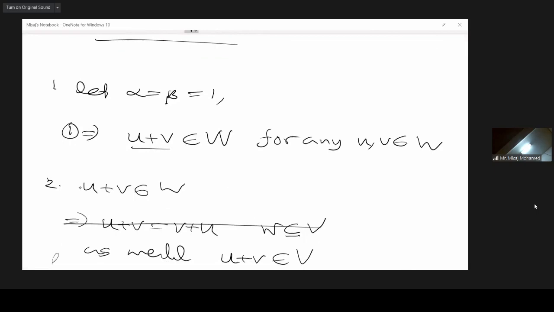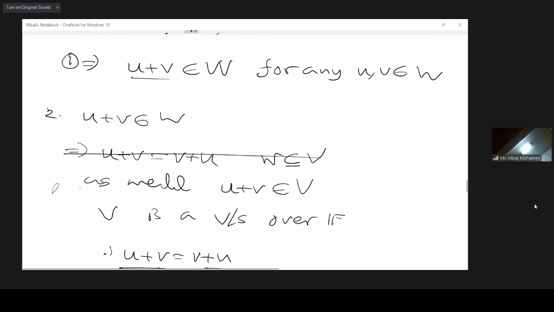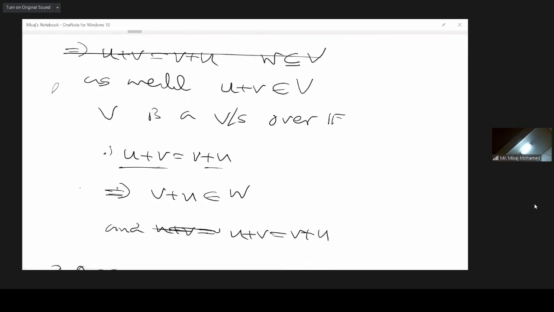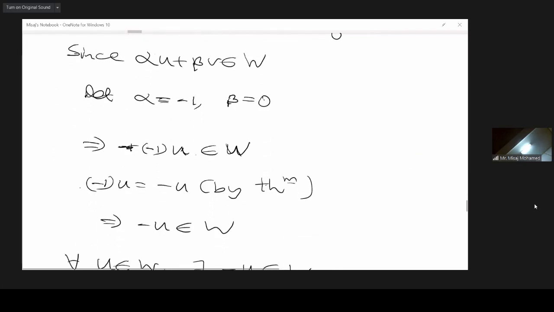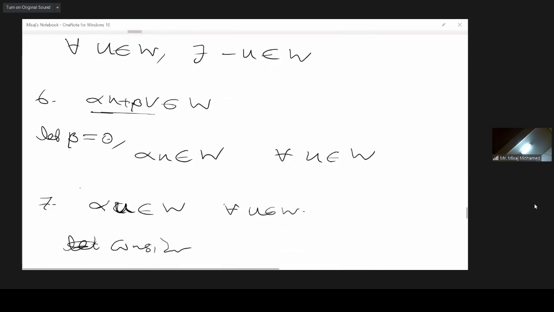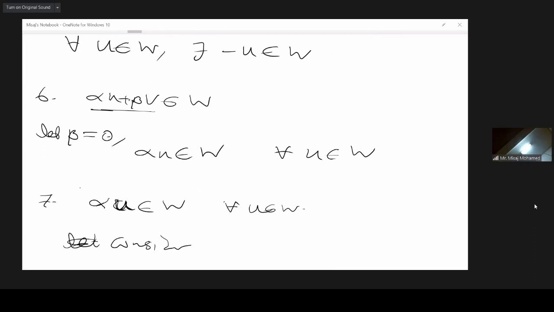So you have to write all 10 properties properly and show that W is a vector space over F. Then we say that W is a subspace of V. Any questions?